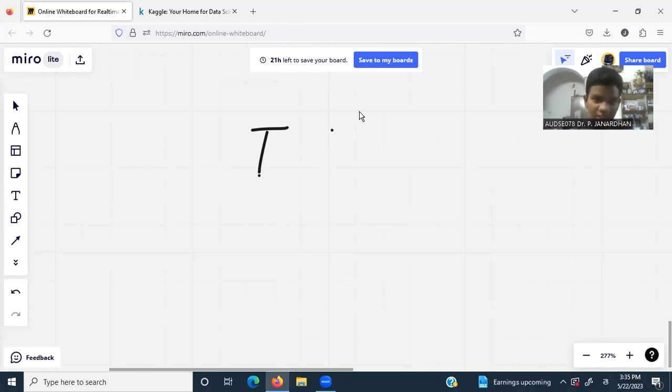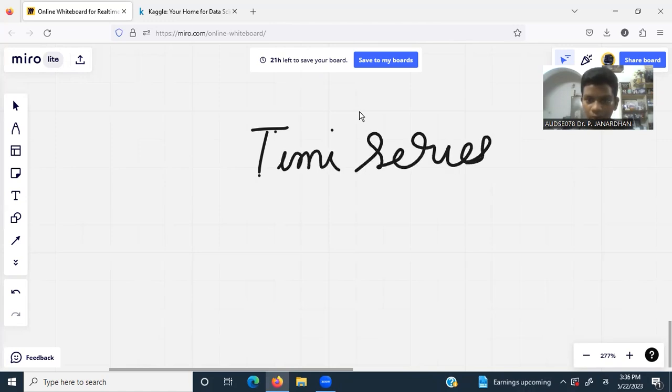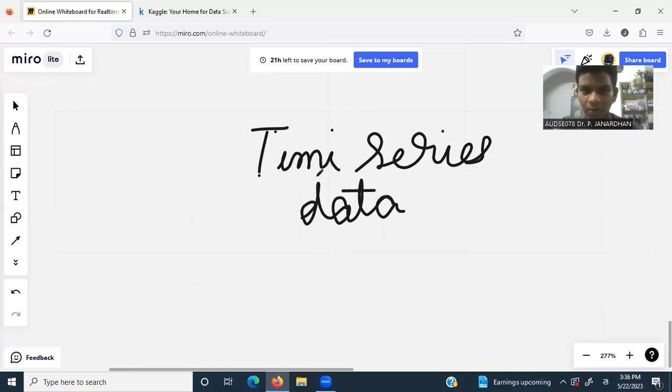It is actually time series data. What this data is, is some values, specifically numbers, as we have come to know in computers.